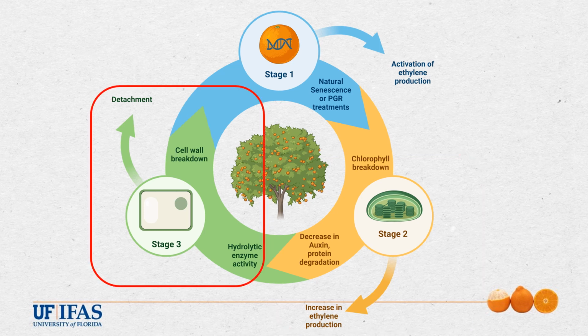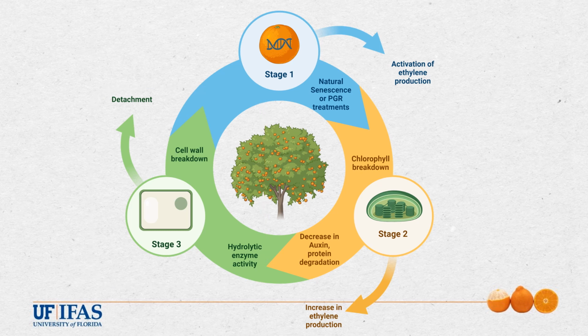Stage 3 consists of synthesis of hydrolytic enzymes in the abscission zone that are responsible for cell wall breakdown, which leads to the fruit detaching from the tree. Stage 3 is thought to be when the fruit is beginning to respond to the increase in ethylene production.